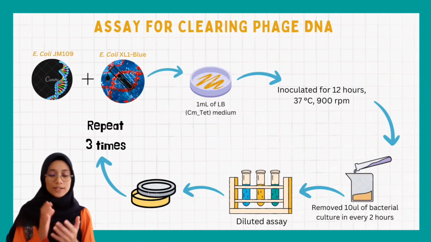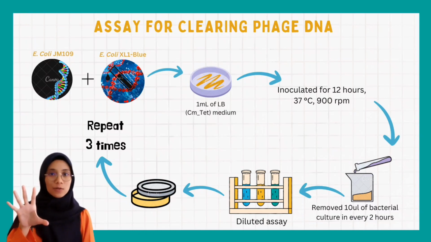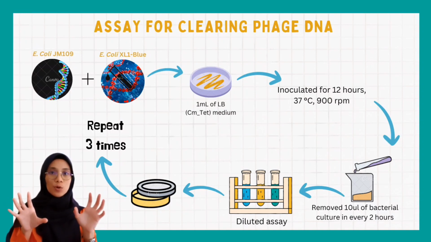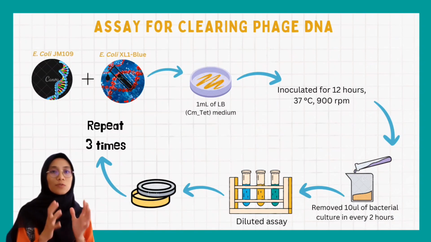For the assay for clearing phage DNA in the infected E. coli, we need two types of cells, which are the donor cell, E. coli JM109, and the recipient cell, E. coli SL1 blue, mixed together and incubated in 1 ml of LBCM_TET medium. These cell cultures were incubated for 12 hours at 37 degrees Celsius.